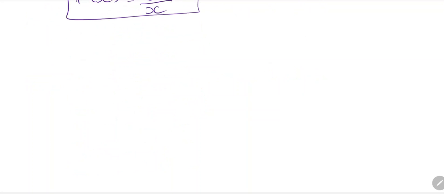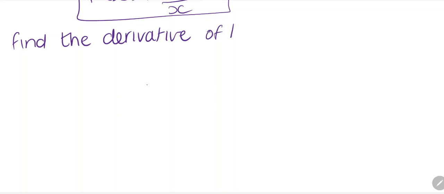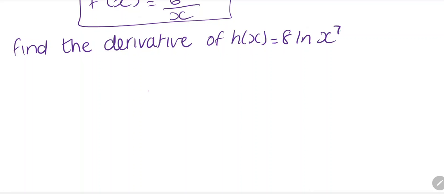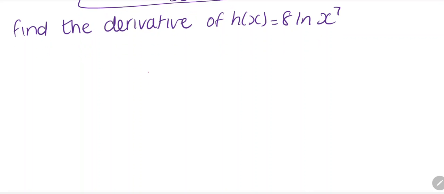And just find the derivative of h of x is equal to 8 ln x to the 7. Okay, so we need to find h prime. The first thing we're going to do, we've got 8 on our numerator, so 8 is multiplied by 1 because we've got 1 over our value, which is x to the 7.